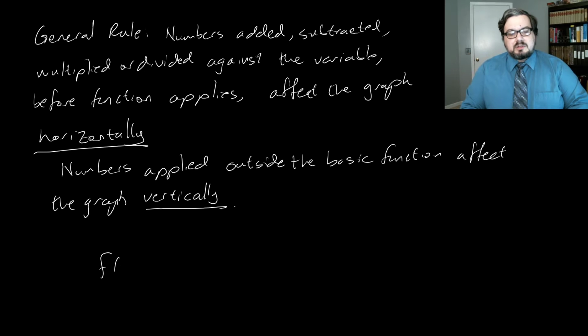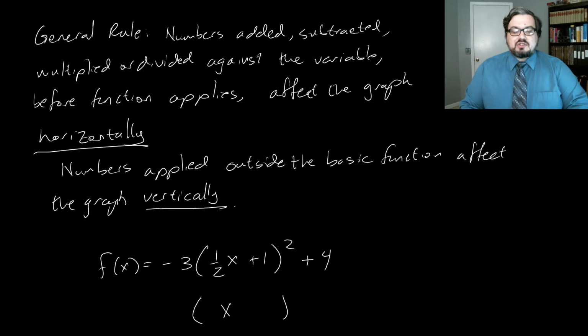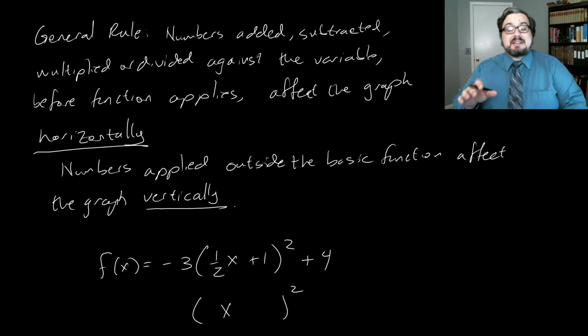Now, let's look at this example that I had before, and I'll illustrate what I mean. If we want to recognize this function as being a transformation of the basic function x squared, well, then we can see that we can identify 4 things that have happened to it. Now, in fact, one of those things we're going to break up into 2 separate ones, so we're actually going to see this as 5 different things happening, but we'll get to that in a second.